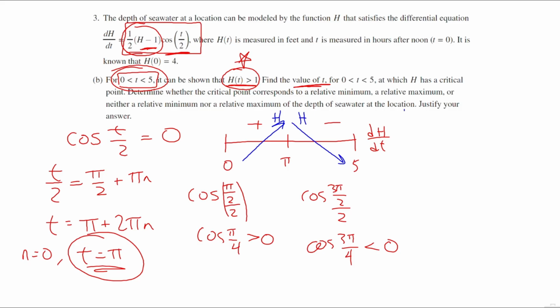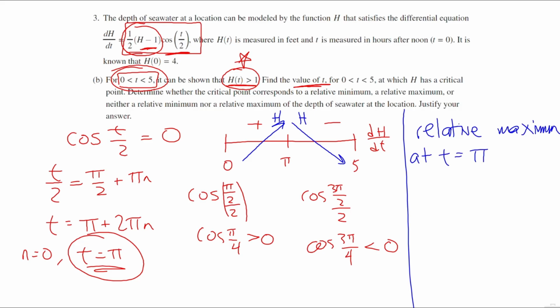And so we'd write over here that we have a relative maximum at t equals pi. And you'd have to give a reason for this, right? It does say justify your answer, and our justification can't just be a sign chart that's drawn.